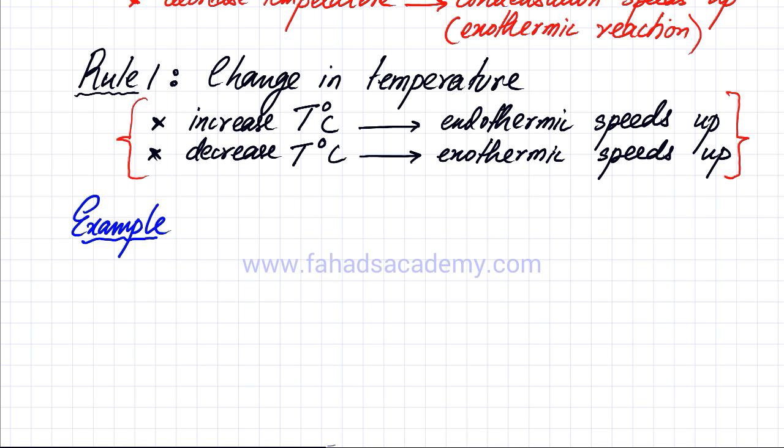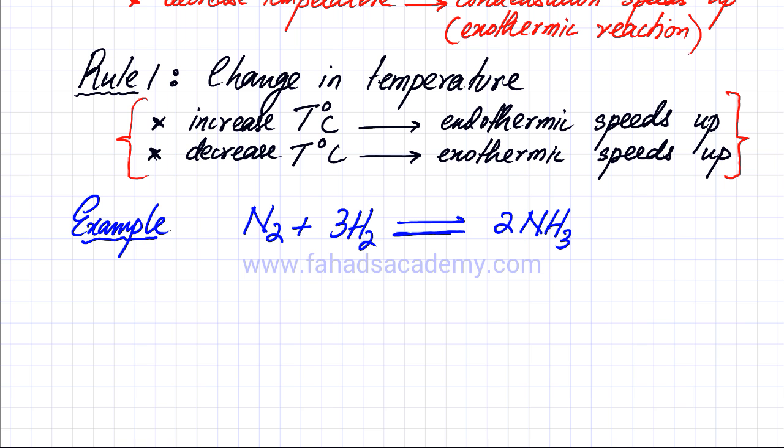You have an equilibrium reaction in which we have N2 plus 3H2, and they are producing two molecules of NH3, which is ammonia. You mustn't forget what ammonia is, because ammonia is going to be frequently used. So you must know that the molecule of ammonia is NH3. And this reaction is a reversible reaction.